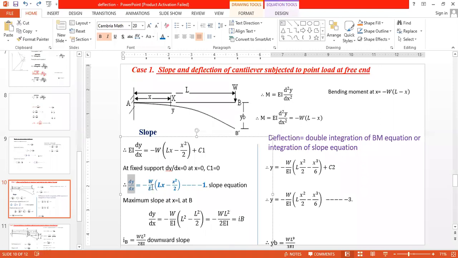Next one, integration of lx is l into x square by 2, and integration of x square by 2 is x cube by 6. I think you can calculate this integration. It is simple. It is lx square by 2 and x cube by 6. And there is a constant of integration.